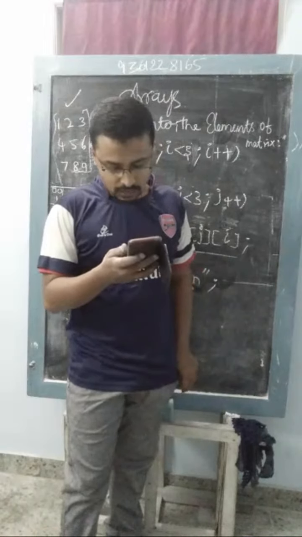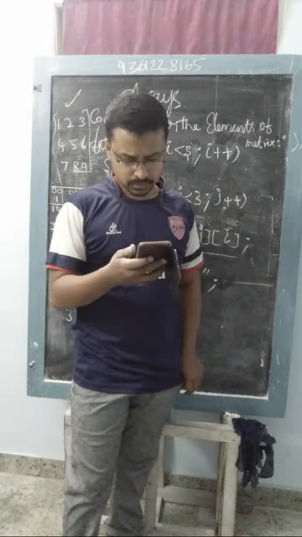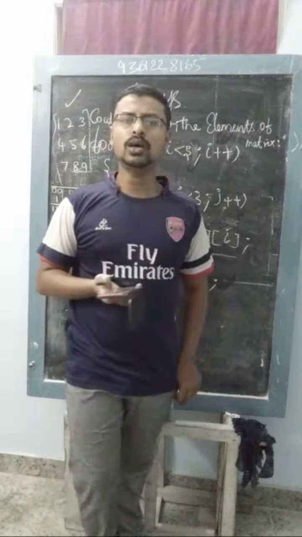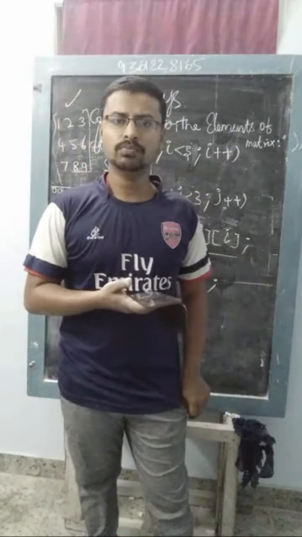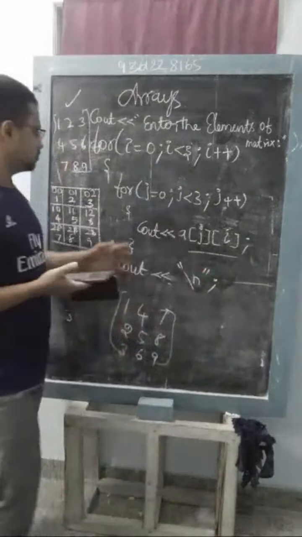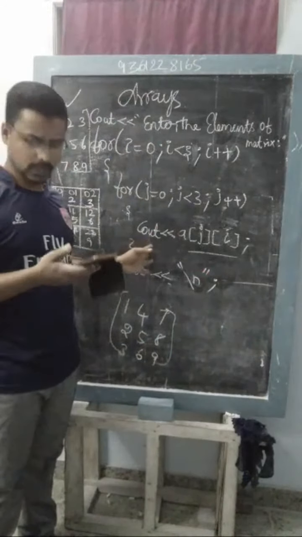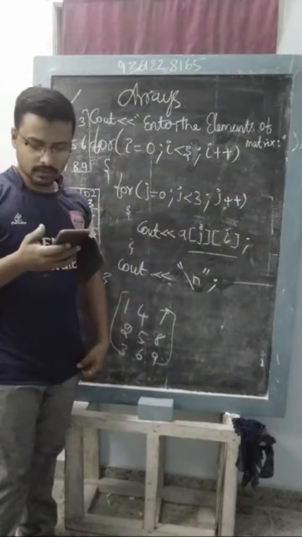How to give values into an array? How to give values to an array using scanf, using cin. We already discussed this, right? How to give values into an array.